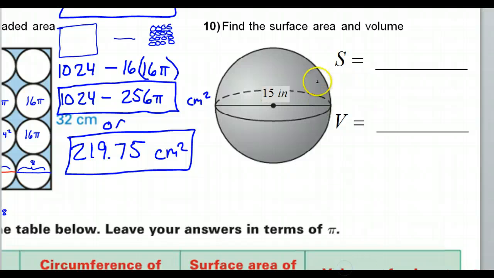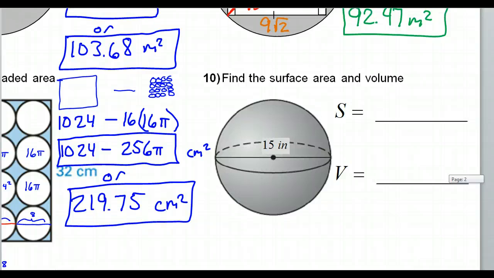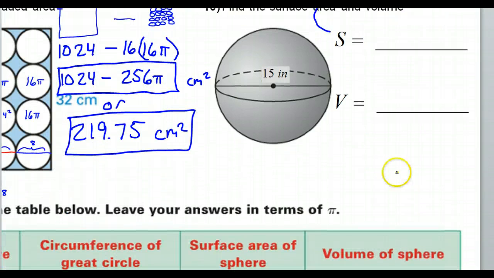Moving on to number 10. Find the surface area and the volume. Well, this is pretty easy because we're just using the formulas. Surface area, you know what, I'm going to do it down here. So the formula for surface area is 4 pi times the radius squared. This 15 is the diameter. That means that the radius is 15 over 2.